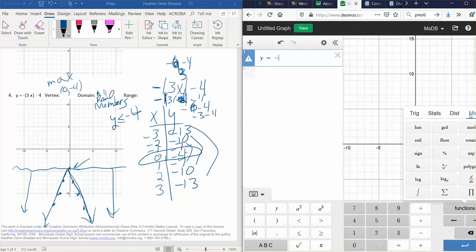Did I click it? I have to find where the absolute value function is. Not there. I don't think it would be under stats.